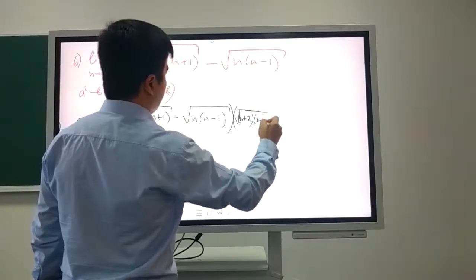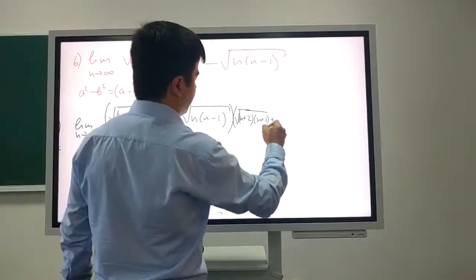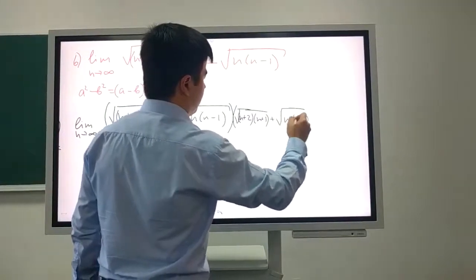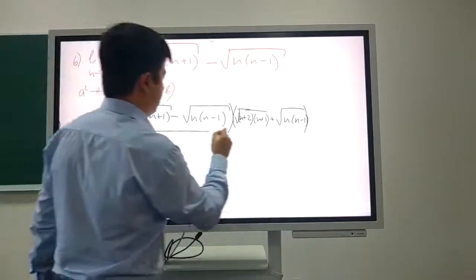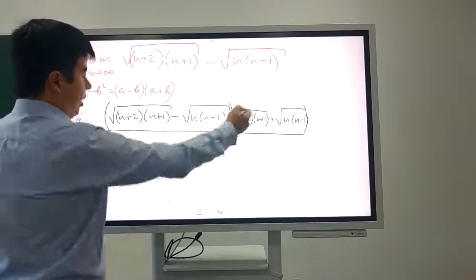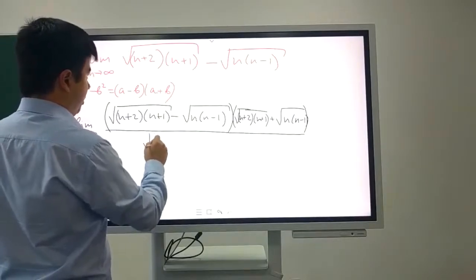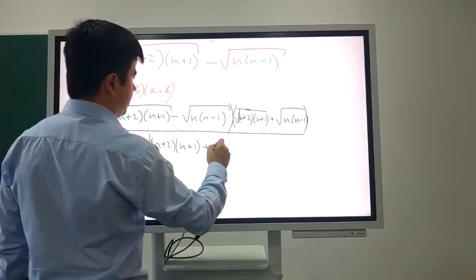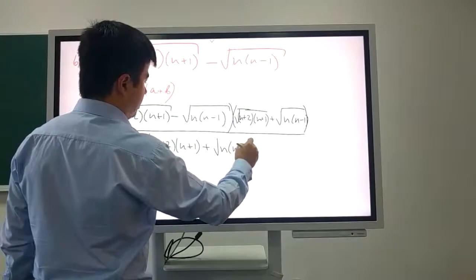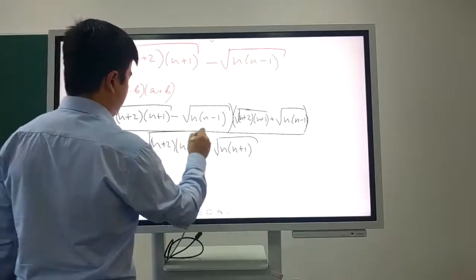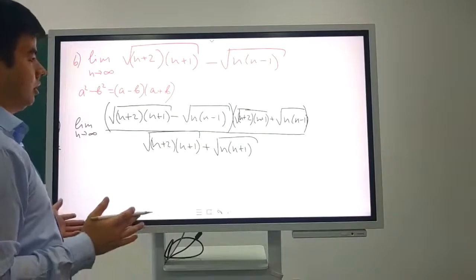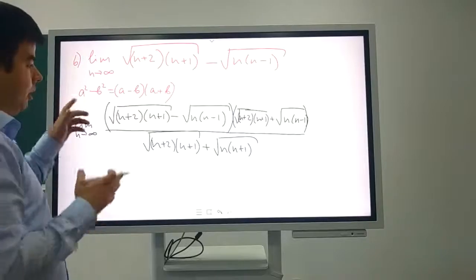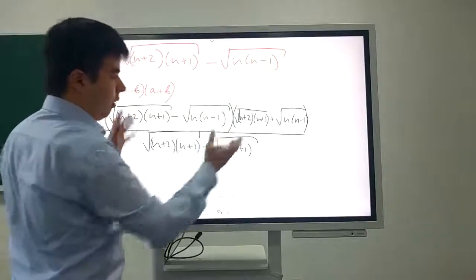I think it's clear, yeah. And in the middle we have just plus. This is the conjugate form. n minus 1. So, over, and divide by this expression, square root of n plus 2, n plus 1, plus square root of n plus 1. We didn't change our example, but for using this formula, we changed the form of this example.